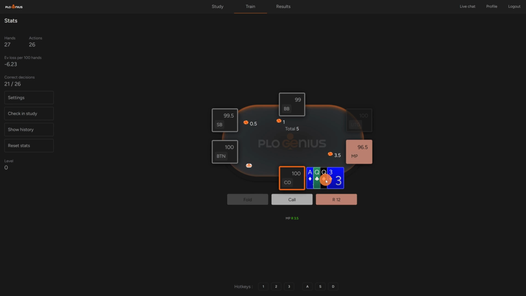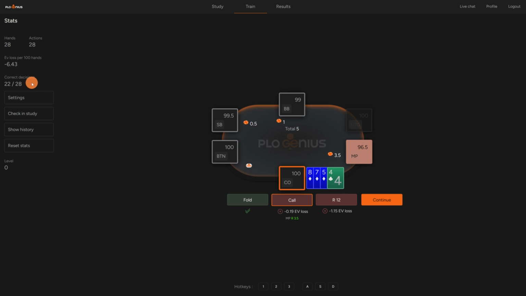Another correct decision. This one definitely looks like it's definitely not a fold. Call. Let's keep going till we get one wrong, but shouldn't be that far off. Like there. Okay, fold.